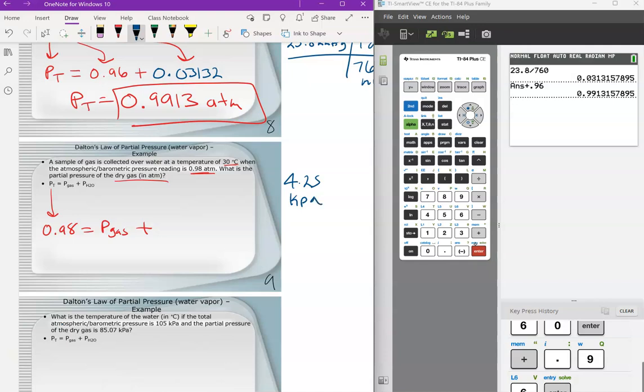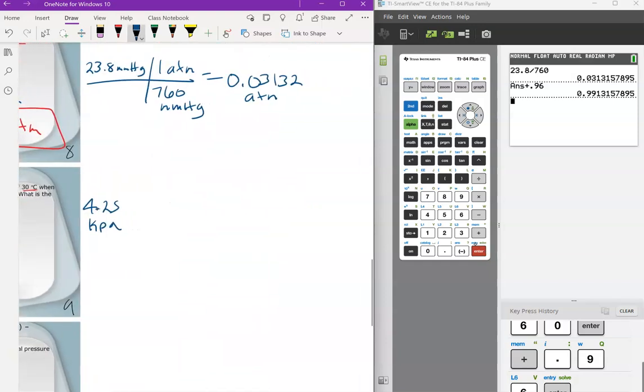Since we want the answer in atm, and this is already in atm, I would say the easiest thing is to also convert this into atm. So remember that 101.325 kPa is equal to 1 atm.